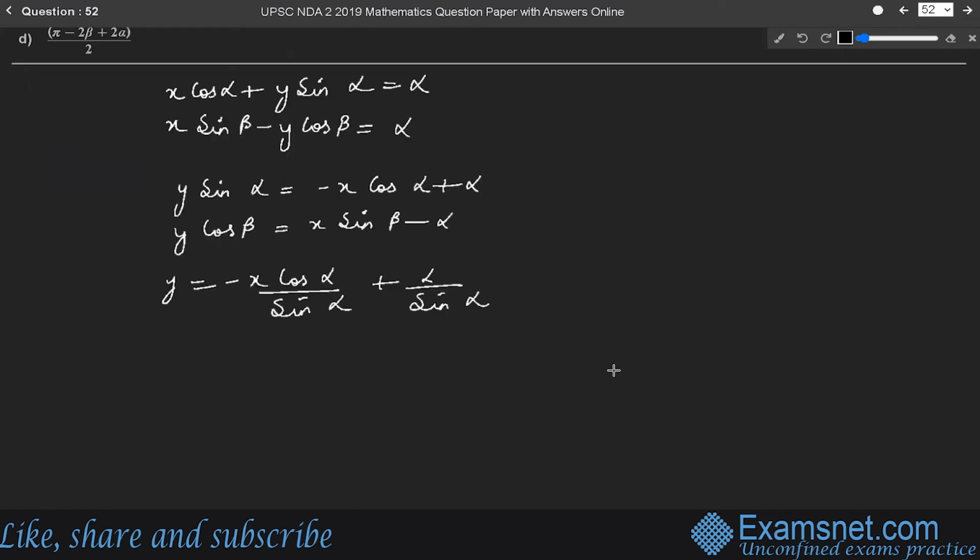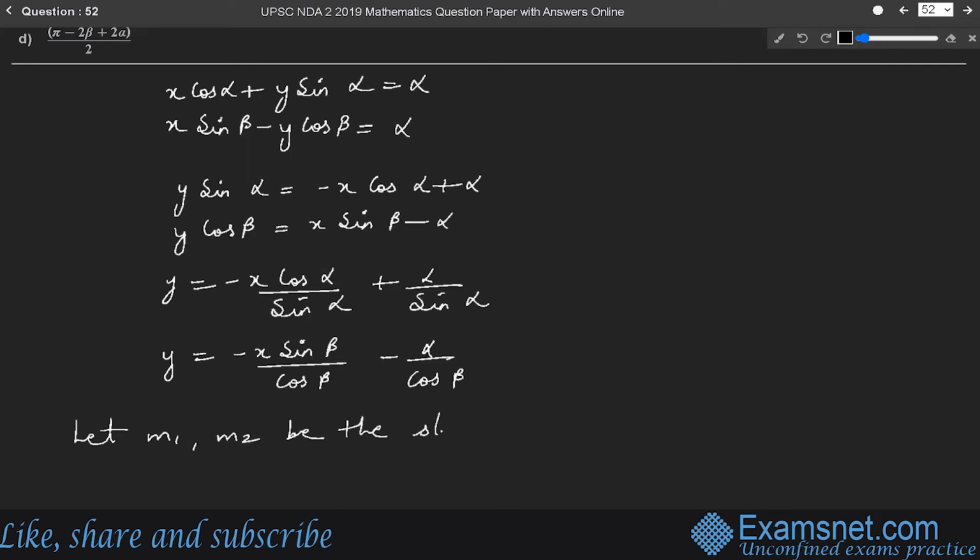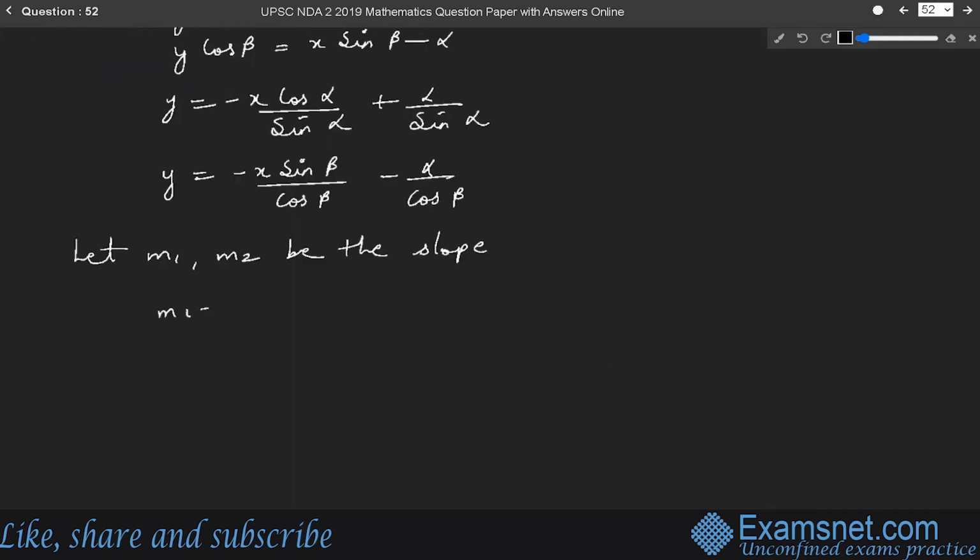And also there will be another value of y, which is y is equal to minus of x sin beta divided by cos beta minus alpha upon cos beta. Now let m1 and m2 be the slope of the given lines. Therefore, m1 will be equals to minus cos alpha divided by sin alpha and m2 will be equals to sin beta divided by cos beta.